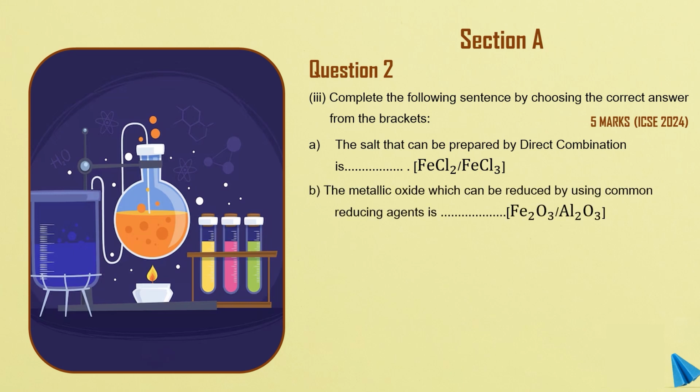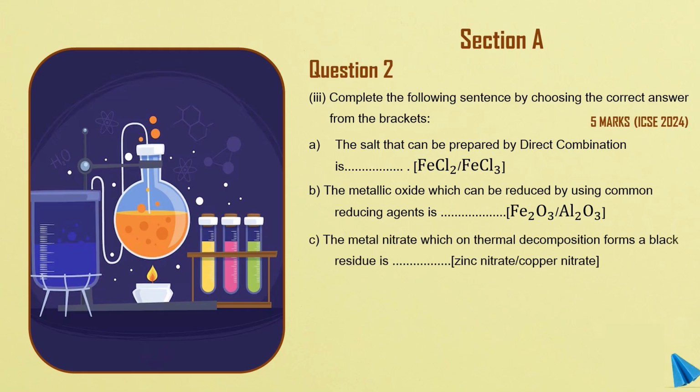The metallic oxide which can be reduced by using common reducing agents is dash, Fe2O3 or Al2O3. The third says the metal nitrate which on thermal decomposition forms a black residue is dash, zinc nitrate or copper nitrate.